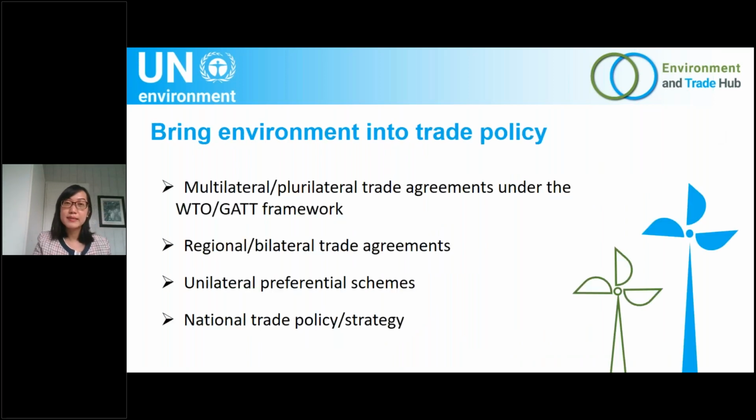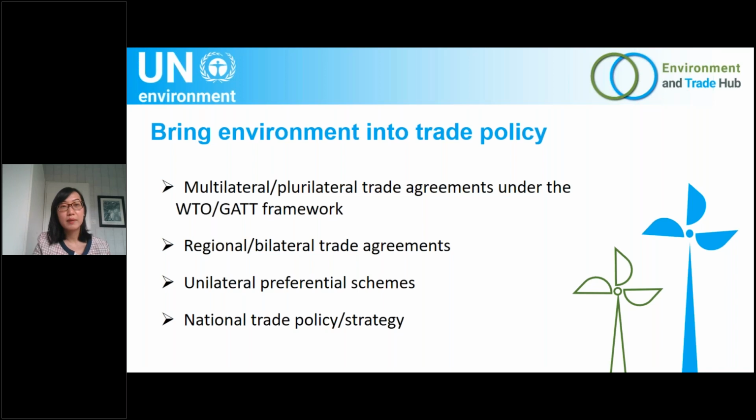But how can we do this? There are different ways, but most importantly, we think it is to bring environment into the trade debate and into trade policy. Our new joint publication with WTO will provide more detailed analysis of these different ways, especially how the multilateral trade system has been supporting the discussion on environment and trade.